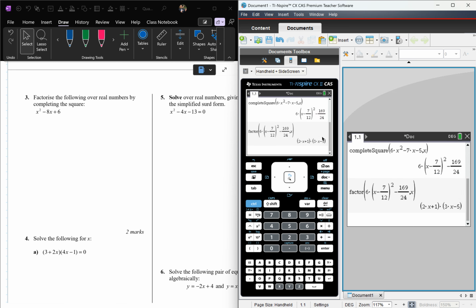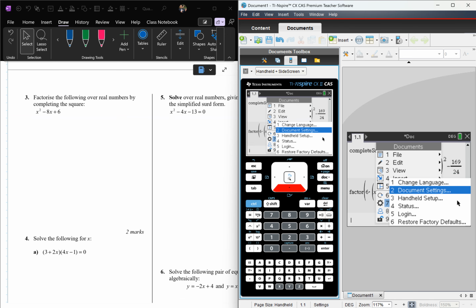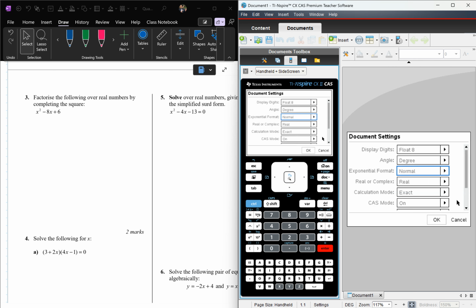Doc number 7, settings, document settings, which is number 2. So doc 7.2. Make sure calculation mode is in exact. Don't leave it on auto. Don't leave it on approximate. Leave it on approximate if you're doing general maths. If you're not doing general maths and you're in the methods class, change it to exact.